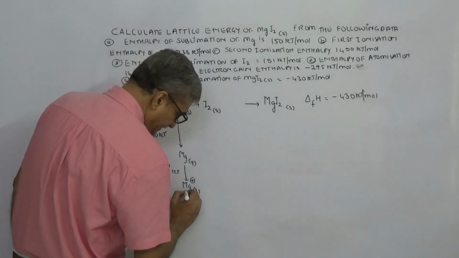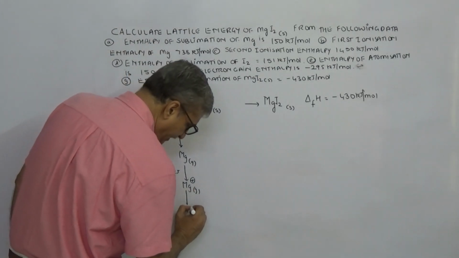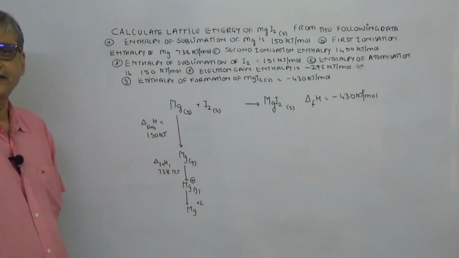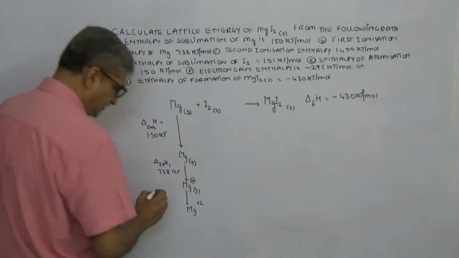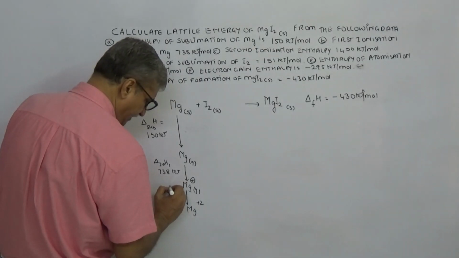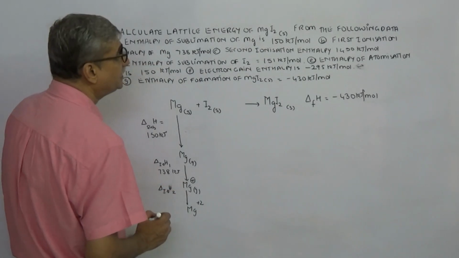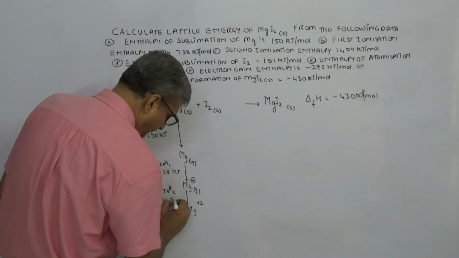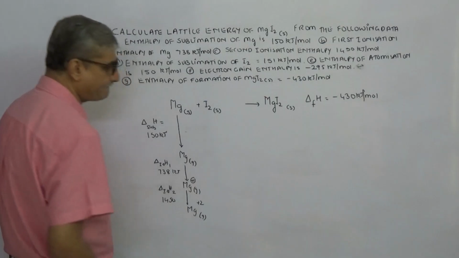Then magnesium plus forms magnesium plus 2. So this is delta ionization enthalpy H2, that is 1450 kilojoule per mole. So this is in the gaseous state.